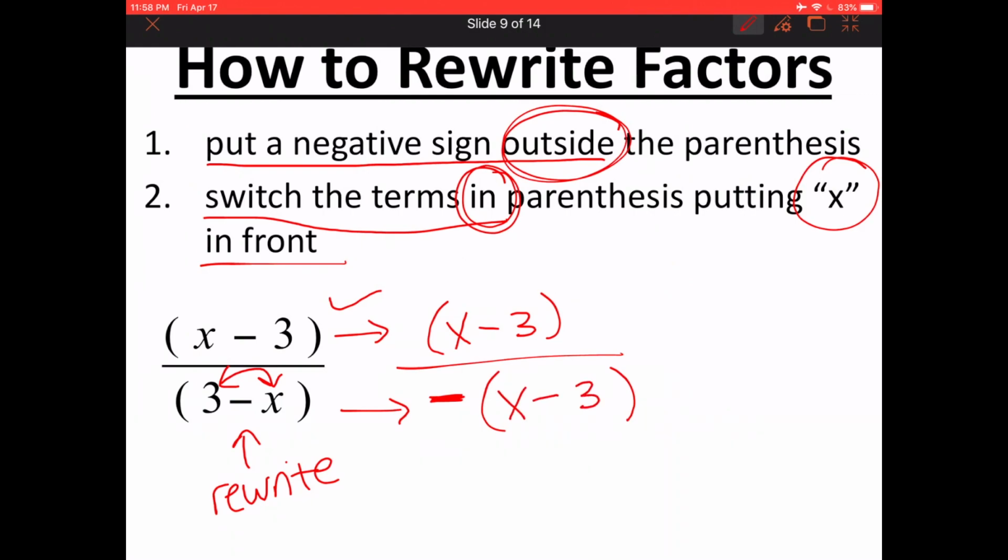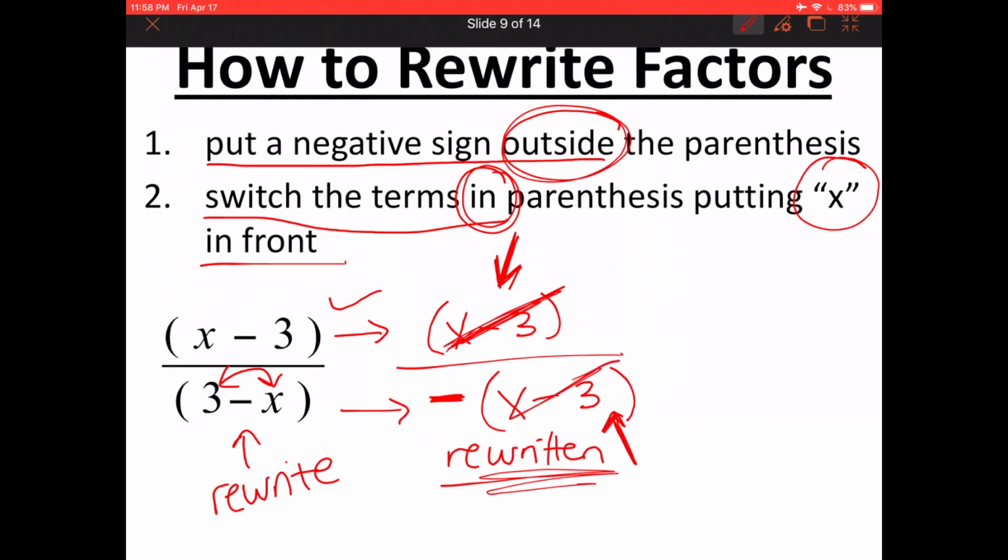X minus 3. So now I have rewritten that term. Instead of 3 minus x, I have negative x minus 3. And what do we notice now? Now we have identical common factors. So now we can cross them out.